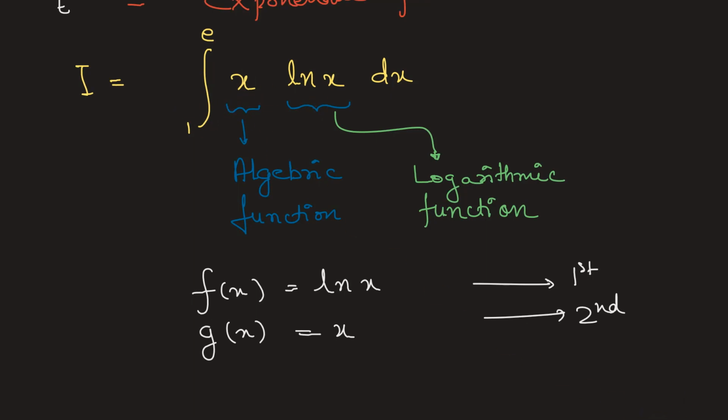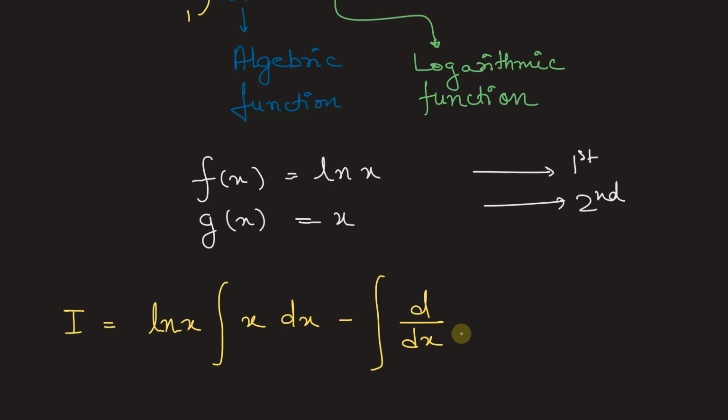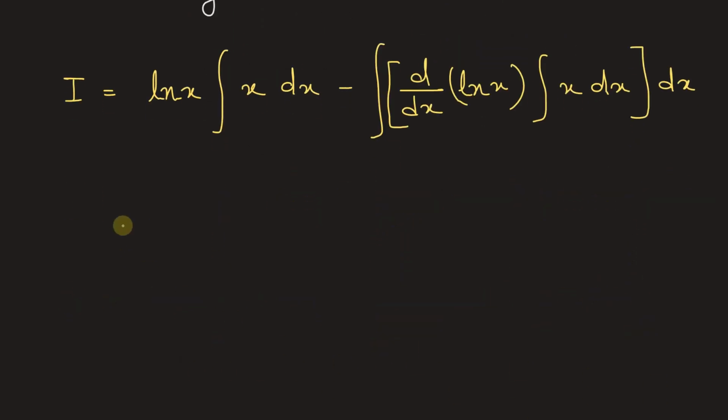Now by using integration by parts, the above integral can be evaluated as I equals the first function ln x, integral of x dx, the second function, minus the differentiation of the first function, d by dx of ln x, into the integral of the second function, x dx, and the integral of the whole.